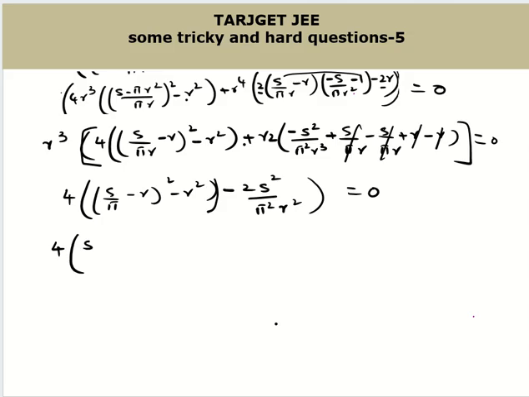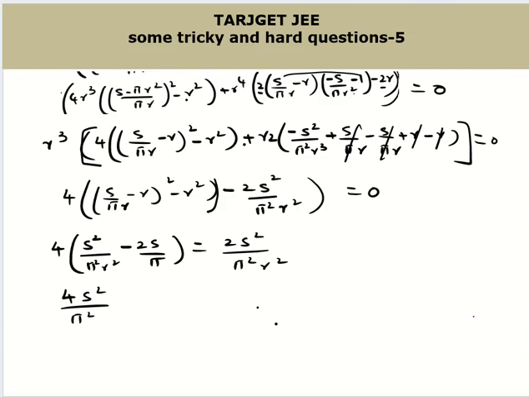4 times s square by pi square r square. That plus r square minus r square will get cancelled. The 2ab term will give me minus 2s by pi, and we have a 4 times this, equal to 2s square by pi square r square. So I have actually 4s square by pi square r square minus 8s by pi is equal to 2s square by pi square r square.